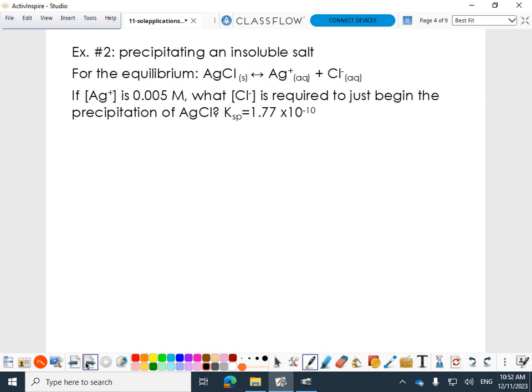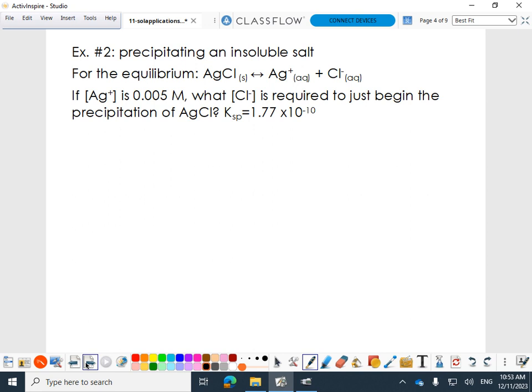So when you do a question like this, we're going to find where Q and KSP are equal at what concentrations, but then this question says just to begin the precipitation, so it actually needs an answer statement. Anything above that value will give you a precipitate, okay? So we have the silver.